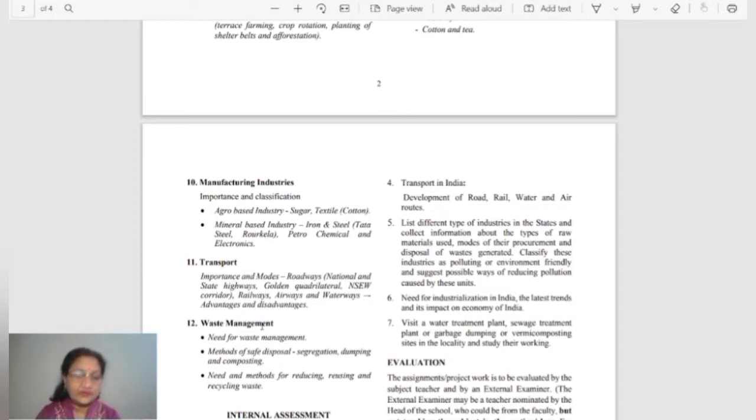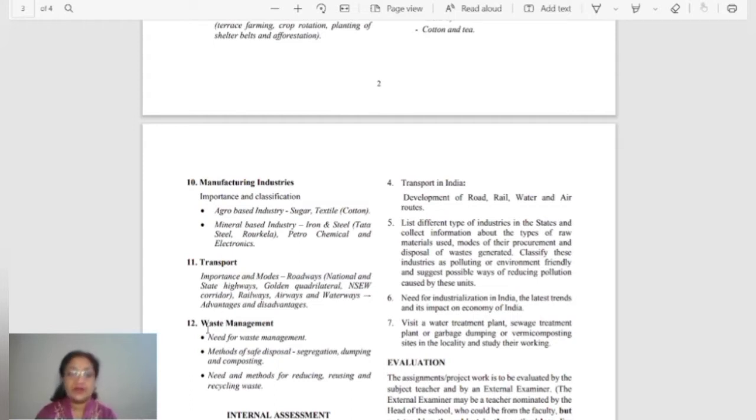The different types of pollutants and their impact, all these are not there, and even the health hazards. The various diseases which are caused, all these are not there as a part of the syllabus. Just one topic from the first part of waste management, that is need for waste management.